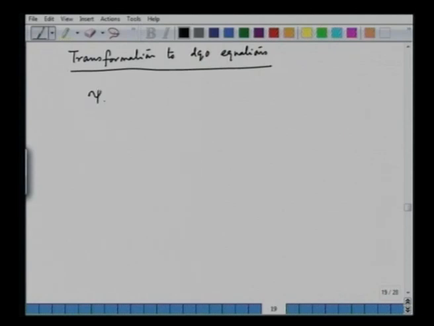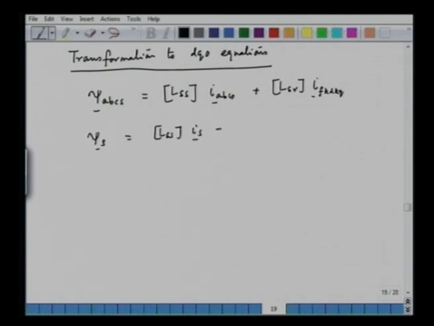We have psi ABCS, that is equal to LSS, a matrix, into IABCS plus LSR into IF KD KQ, or we can write it in the following fashion: psi S is equal to LSS into IS plus LSR into IR.